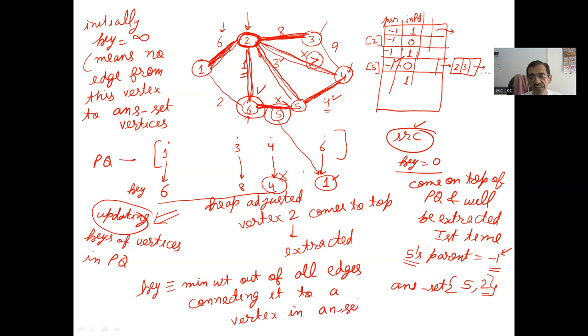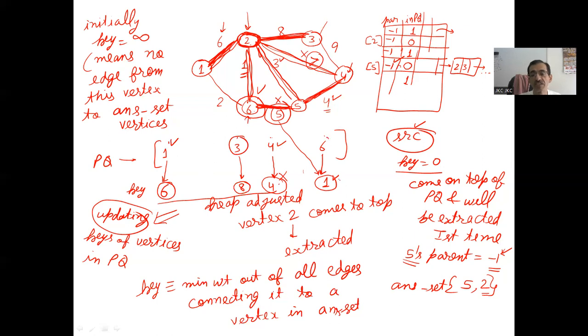So after the second iteration, you see vertex 1 is reachable with minimum weight 6. Vertex 3 is also reachable with minimum weight 8. Vertex 2 is at present already in the answer set, so not in this. Vertex 4 is also reachable with weight 4.